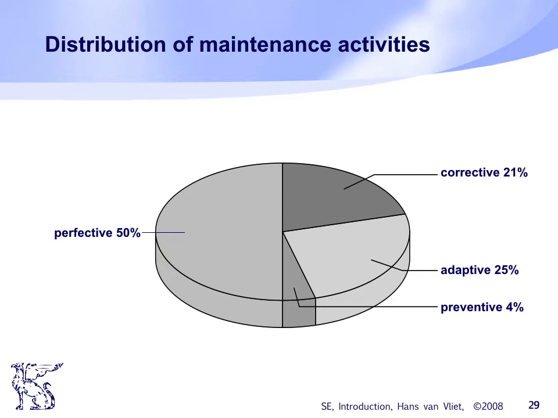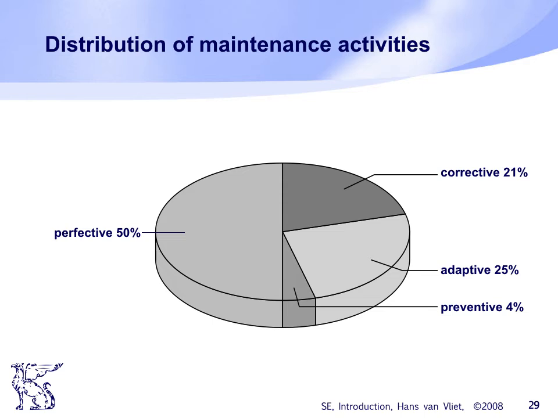So this is a figure of the distribution of maintenance activities. You can see that preventive maintenance accounts for only 4%, so that's why they didn't even mention it. Corrective maintenance takes a quarter of the total maintenance effort, and approximately another quarter of the maintenance effort concerns adapting software to environmental changes, that's adaptive maintenance.